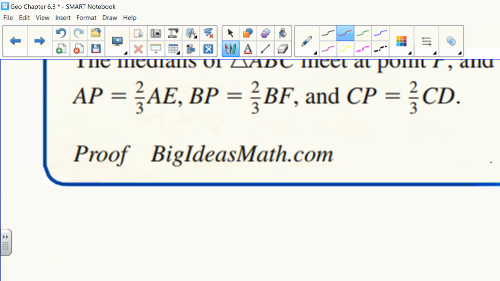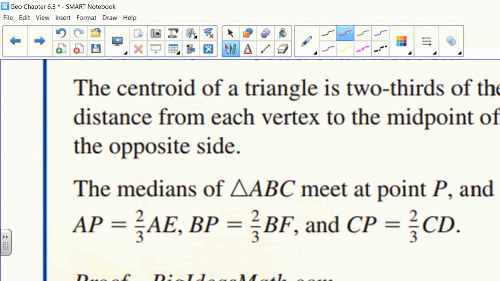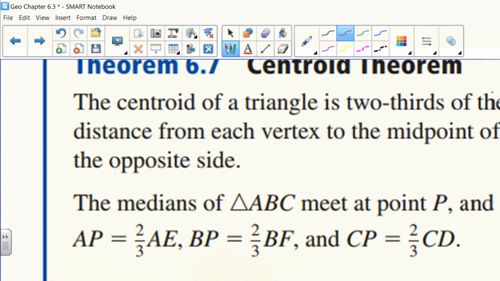So really what we're saying is that the bigger segment is equal to 2/3 of the whole. And our smaller segment is equal to 1/3 of the whole. Any questions on this so far?